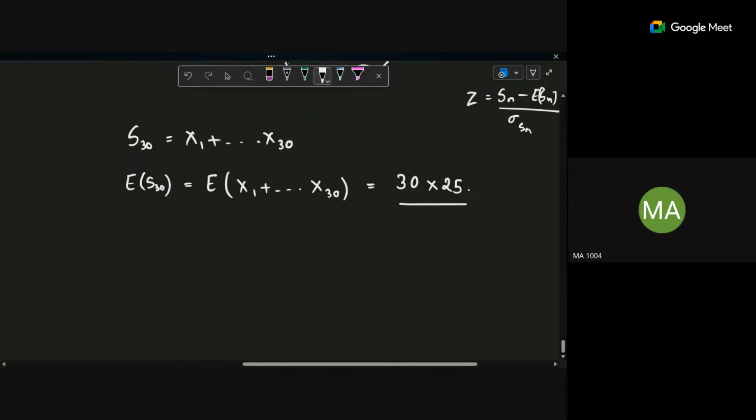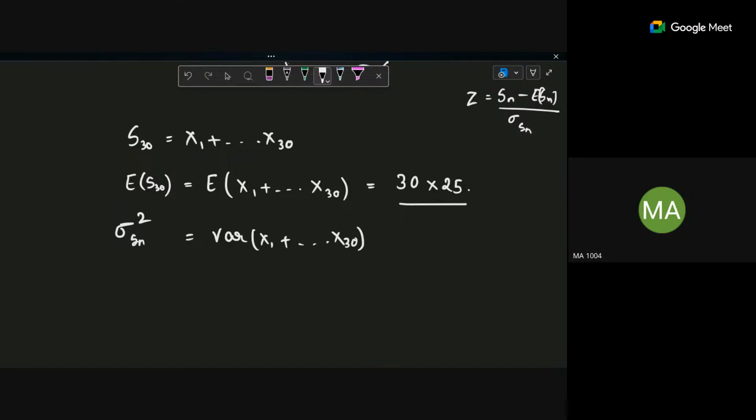What will be the variance? That means sigma Sn. Let's just calculate sigma square. Variance of x1 to x30 will be 30 into 9.